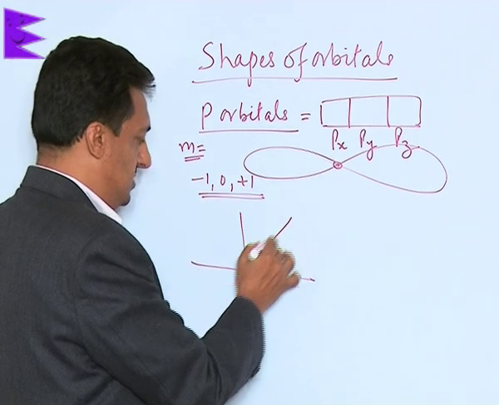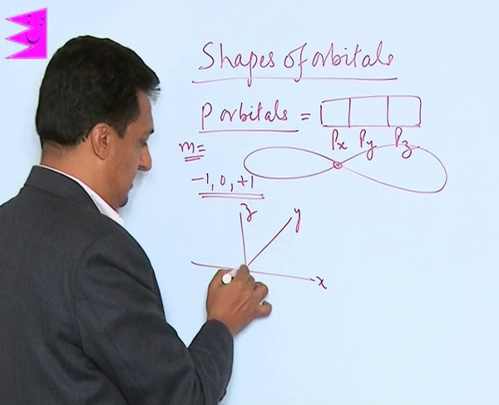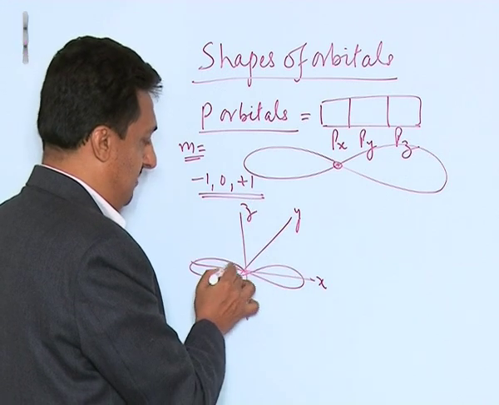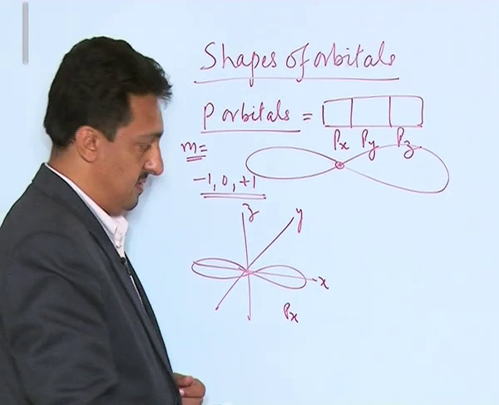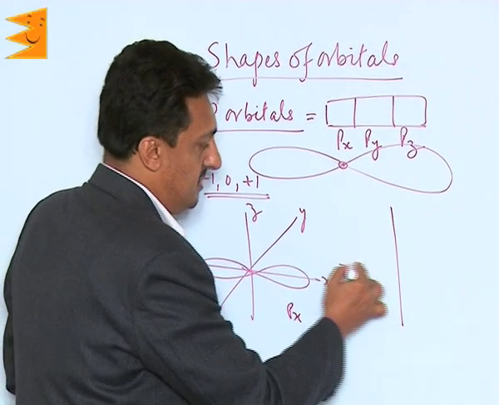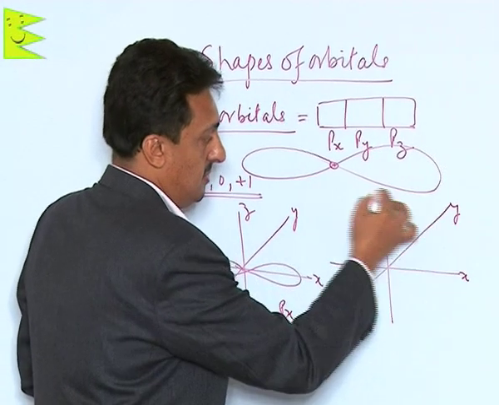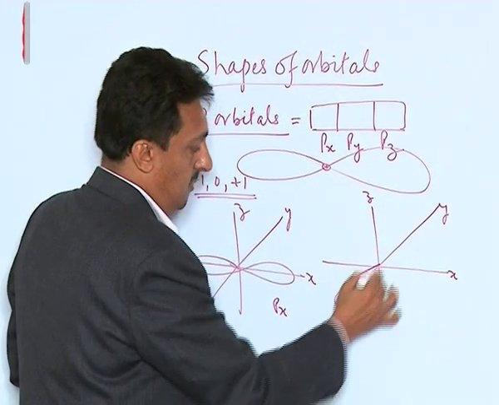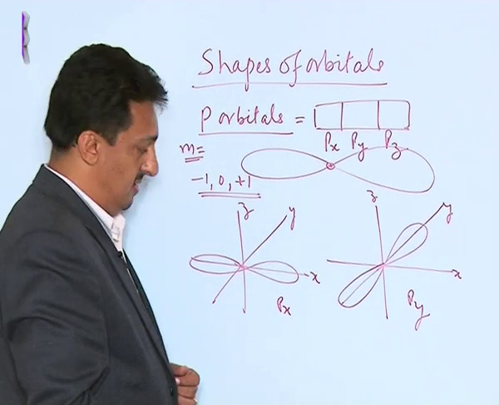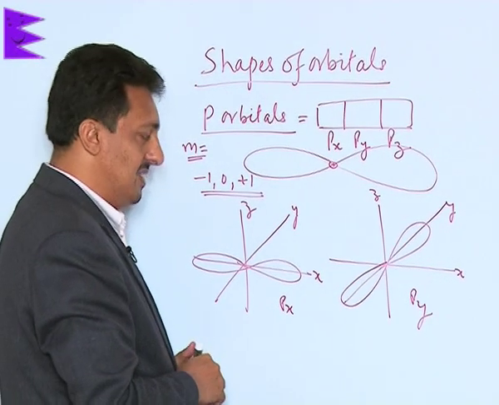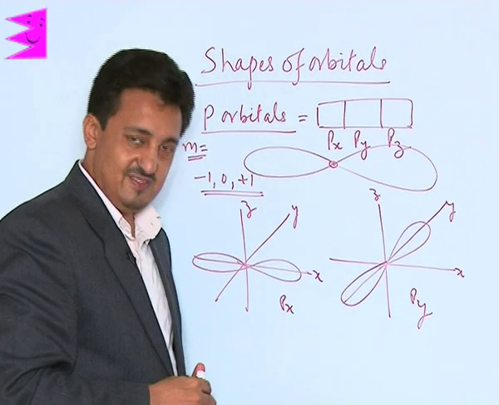So how do we draw the shape of the px? If this is your 3-dimensional system, x, y and z, this orbital p along the x-axis is called px. Similarly, the one along the y-axis will be your py, and the one along the z-axis will be your pz.